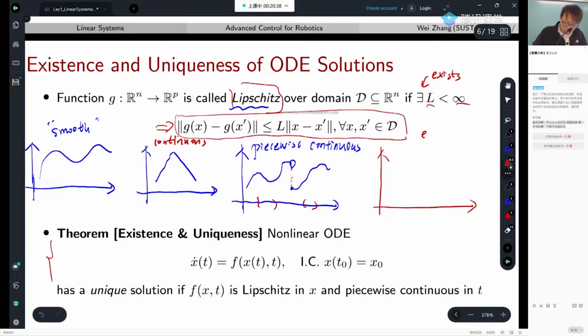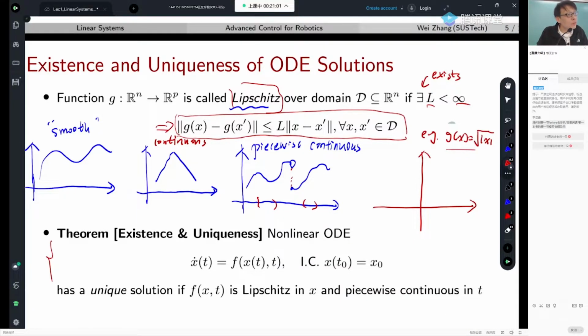Let me give you an example. Let's say g(x) equals the square root of the absolute value of x. If you draw this function, you can take the derivative of it, but let's just draw it.